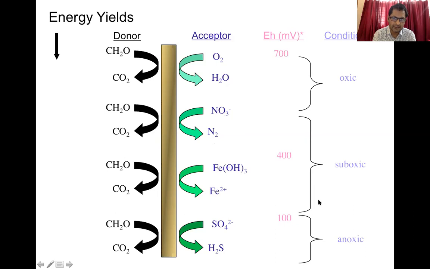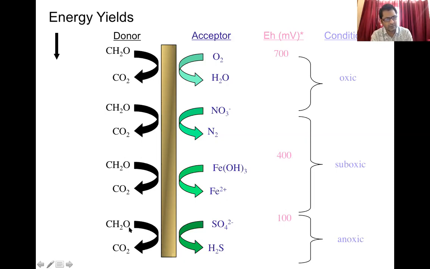This is a suboxic condition, which a number of facultative anaerobes use, and it happens when the redox potential is 400 millivolt, whereas the earlier reaction happens at a redox potential of 700 millivolt.